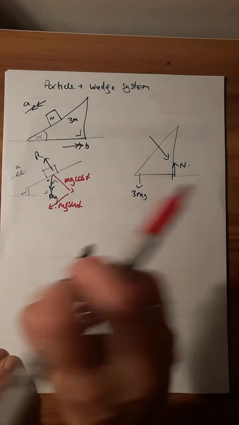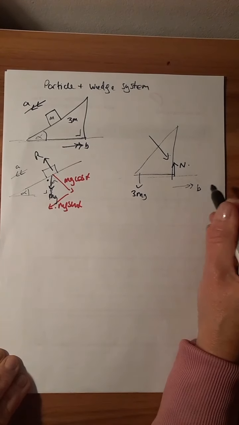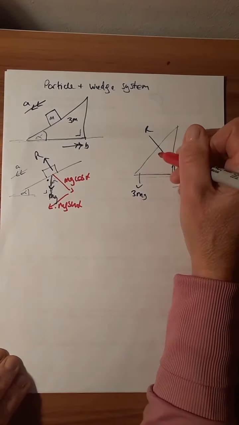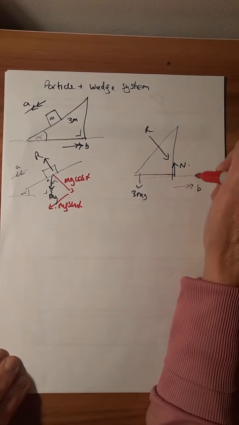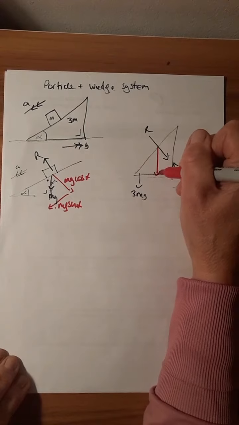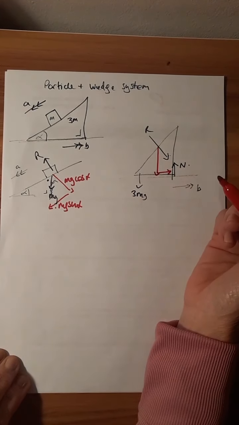So this is the direction of the acceleration of the wedge, horizontal to the plane, which means I need to resolve that r force. This is the r coming in. I need to break it into its two components, parallel and perpendicular to the surface of that table or whatever it's on. So this will be the perpendicular one, and this of course will be the parallel one.